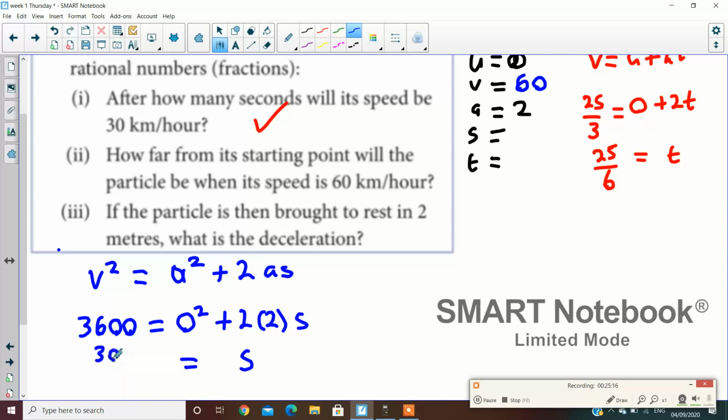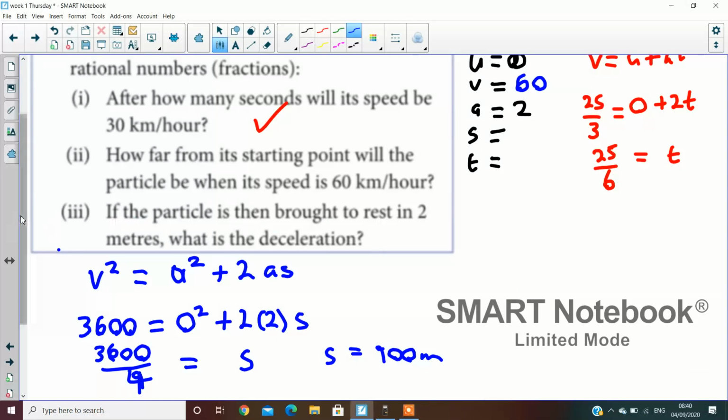Okay, yeah. 3,600 divided by 4. The s value is 900. Okay. We all right with that?